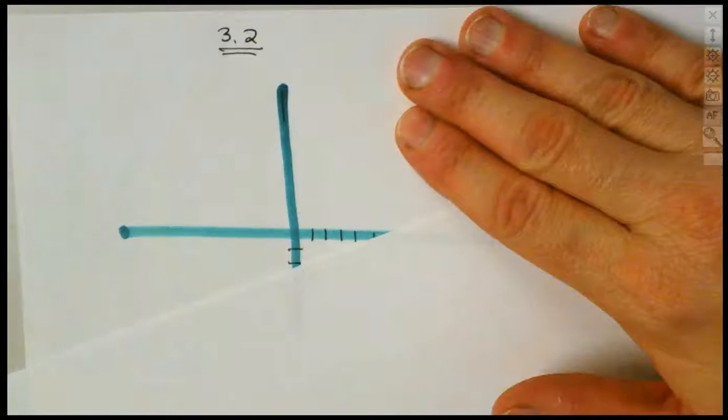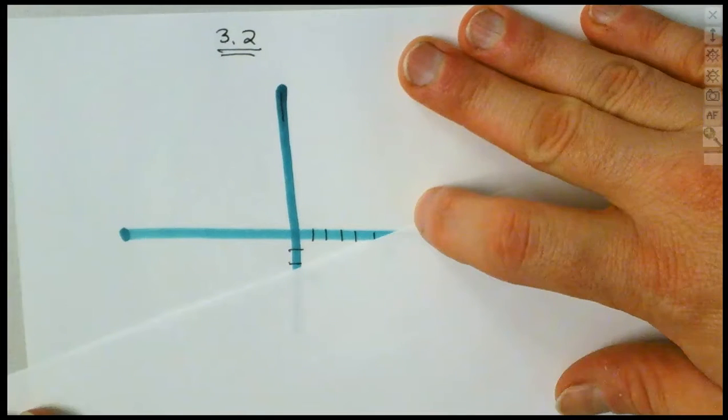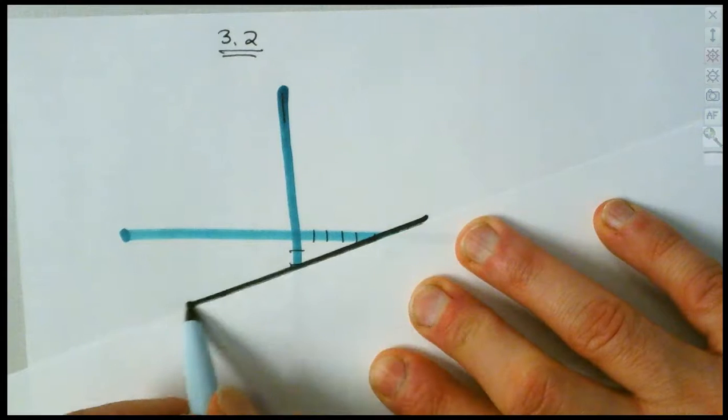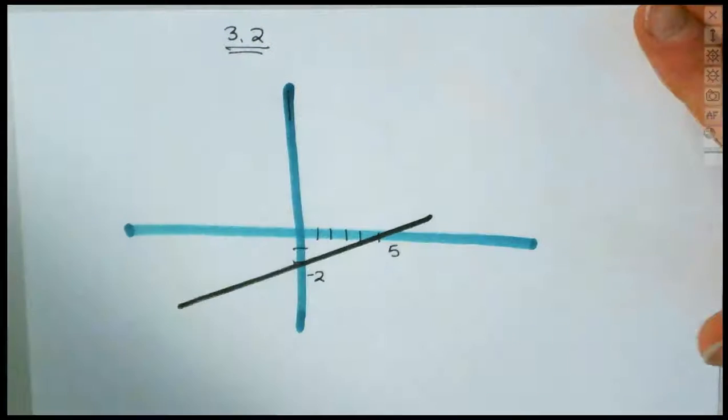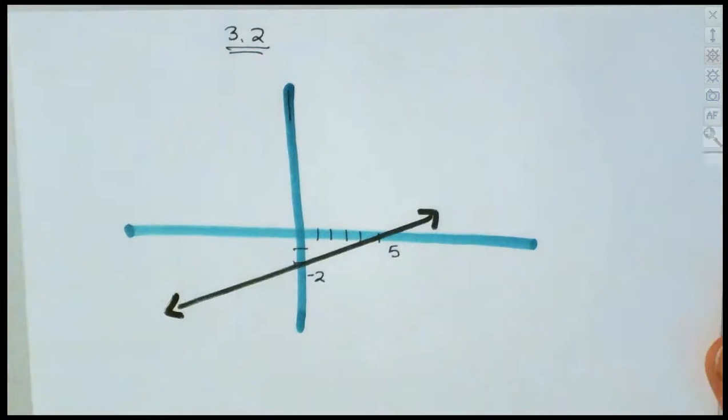We're going to find our intercepts from this picture. We're going to talk about what the intercepts are and how to find them.